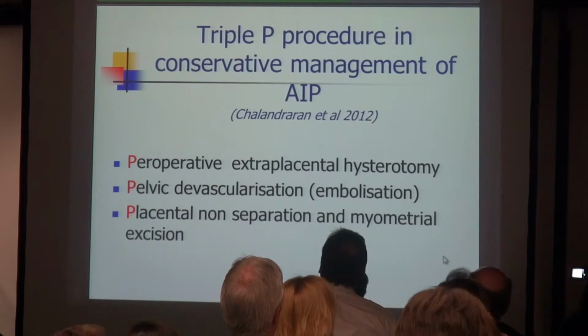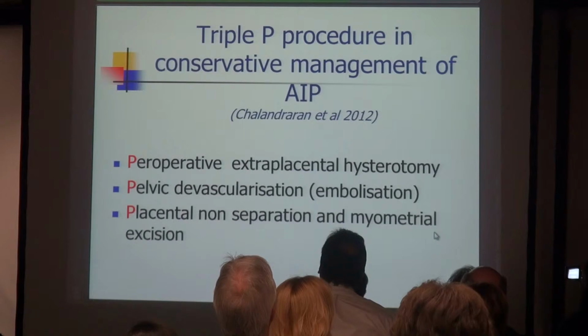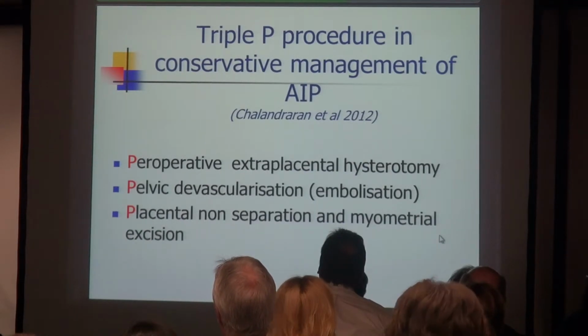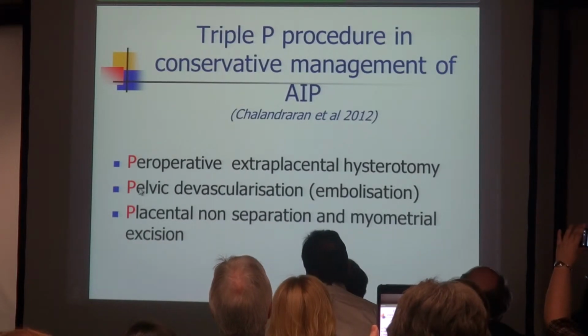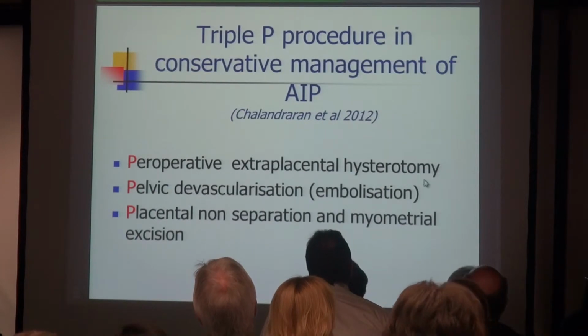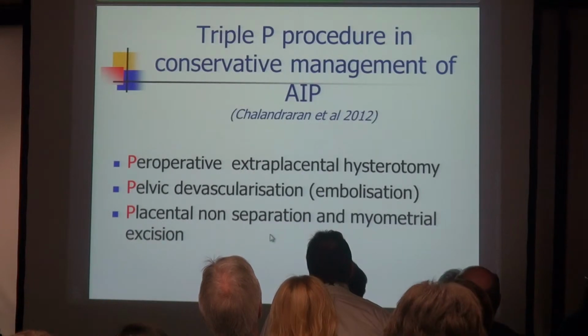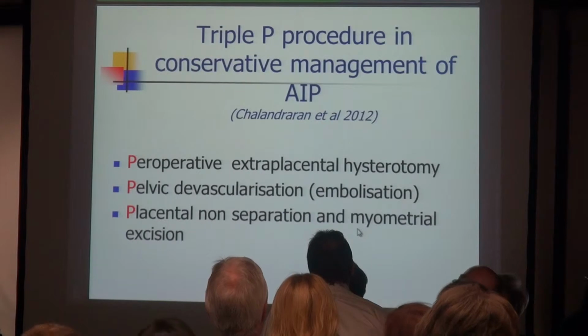Whitman suggests a triple P procedure if you want to plan a conservative management of this placenta. P for perioperative extraplacental hysterotomy, P for pelvic devascularization, and generally for that you use embolization, and P for placental non-separation and sometimes myometrial excision.